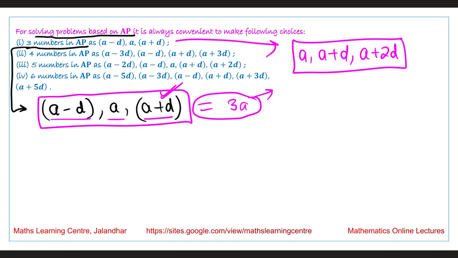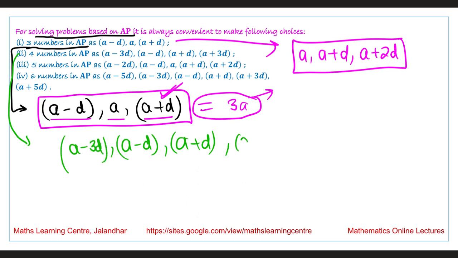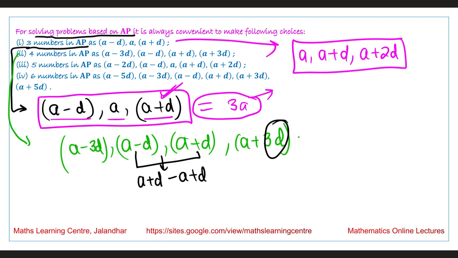Similarly, if we have to write four numbers that are in AP, we write them in the form A minus 3D, A minus D, A plus D and A plus 3D. It is important to note why this 3D is there. If I am writing these two numbers, the common difference is A plus D minus (A minus D), which is equal to 2D.